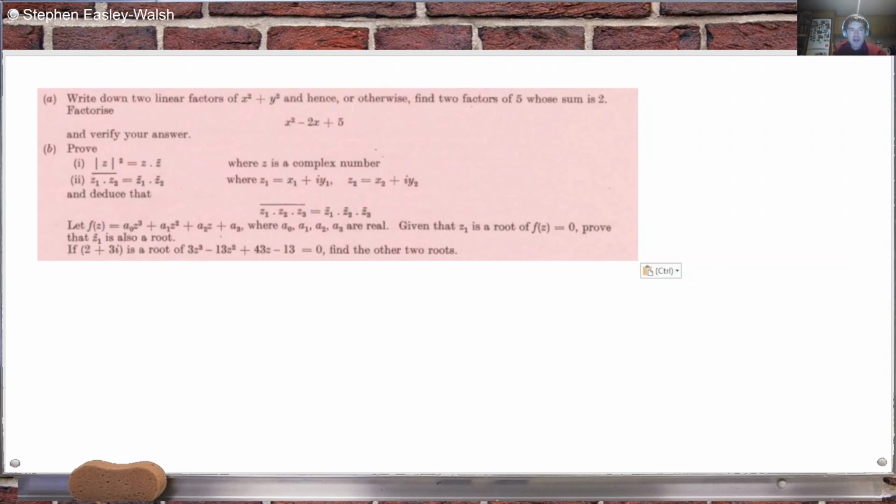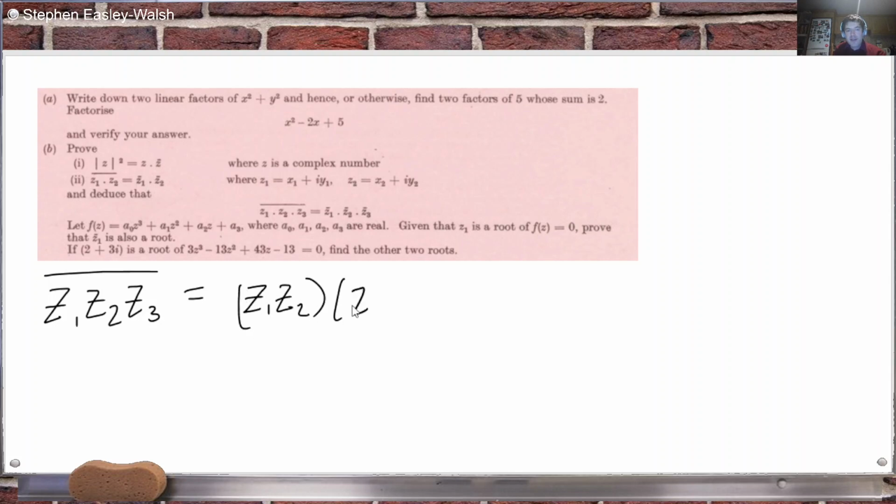Deduce. Right. So z1 z2 z3 conjugate is equal to z1 z2 as a term times z3 conjugate.